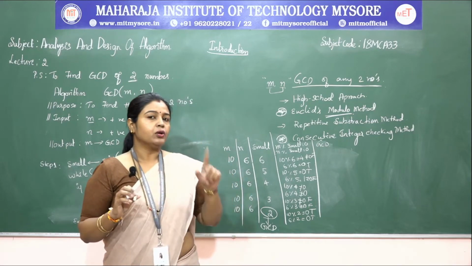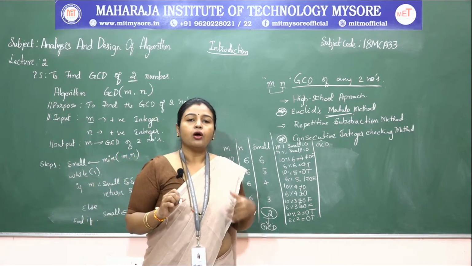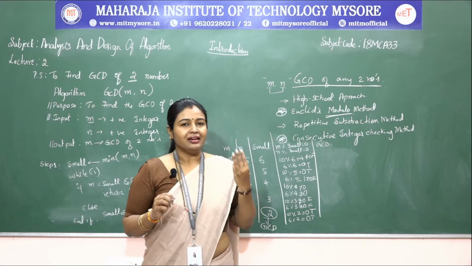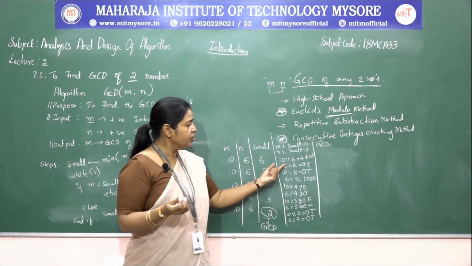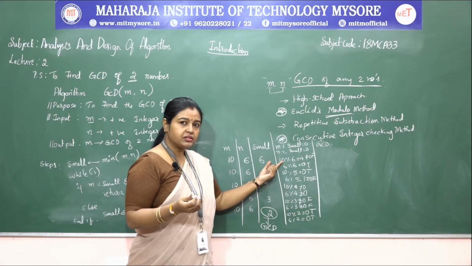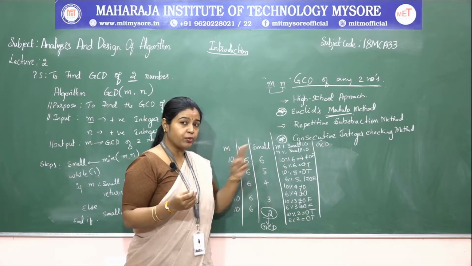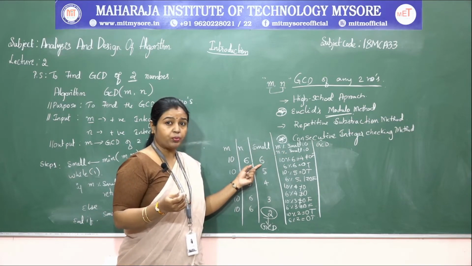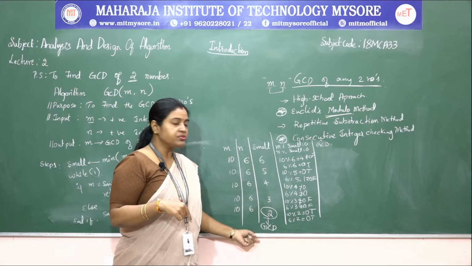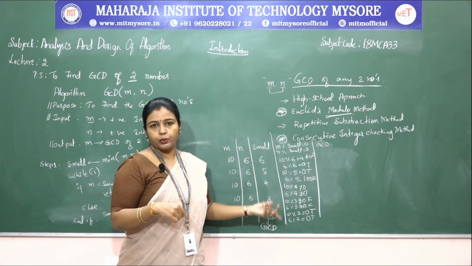But in the Euclid's modulo method, how many iterations did we do? Only in 3 iterations we got the result. But here, look at this. We are dividing the first number and second number, 2 times we are performing the division operation, and also we are performing what? Subtraction operation also, right? So many subtractions, so many divisions we are doing, right?